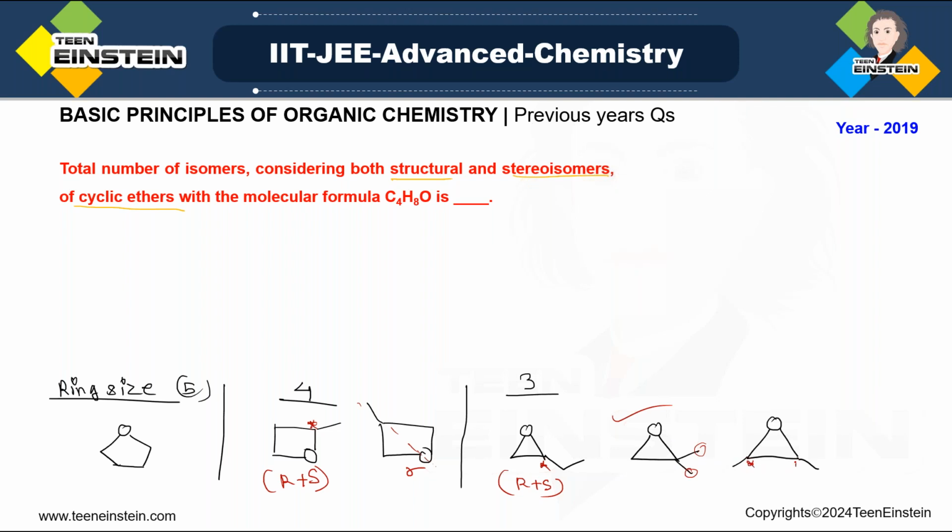Now the last one is very interesting. Here you have two chiral centers, and according to the formula 2 to the power 2, total 4 possibilities are there. But see, if we consider all the 4 possibilities, it is basically RR, SS, RS and SR. But ultimately RS and SR will give you meso structure.